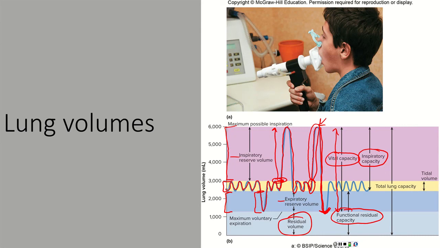Functional residual capacity is the volume of air left in our lungs after a normal tidal or quiet exhale. So when you're just sitting around and you're breathing and you breathe in and then you breathe out, it includes the air that you could potentially breathe out and the air that you are incapable of breathing out. That is the functional residual capacity.